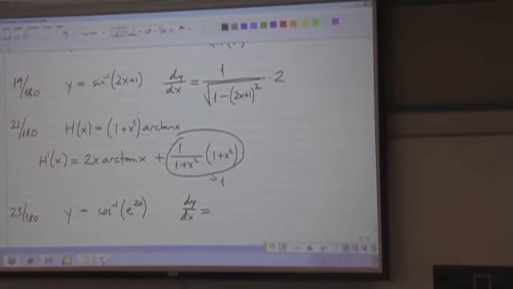So I'm waiting. Minus 1 over fraction. Square root of 1 minus e to the 2x squared, which is e to the 4x, times e to the 2x times 2.